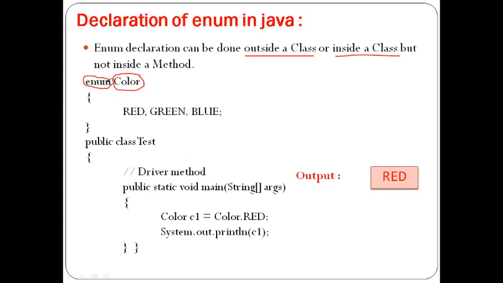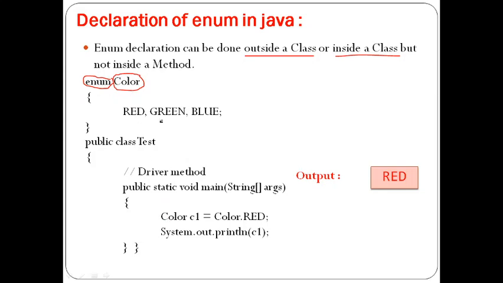Like that I have created one enum, and now how are we going to use this one? Basically, with an enum we create our own data type. See here, I have a test method. Within that, see what I am doing: Color c1 is equal to Color.RED. What is Color? I have not written any class here, but Color is an enum.